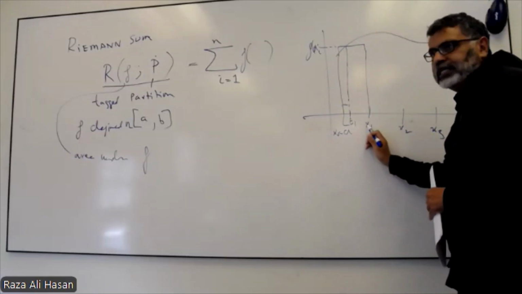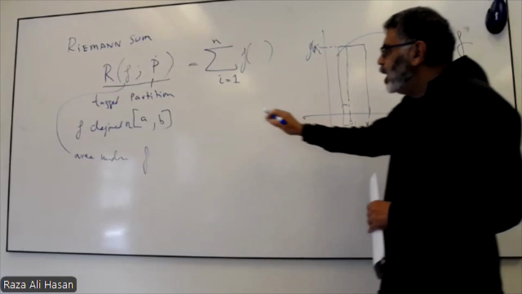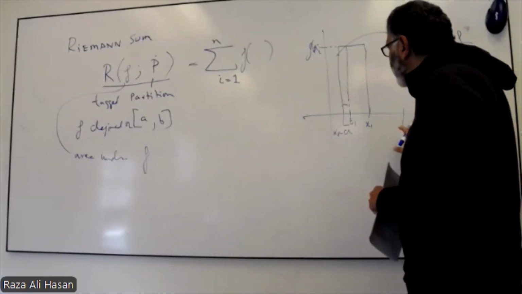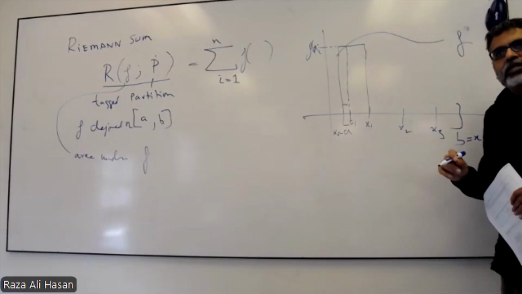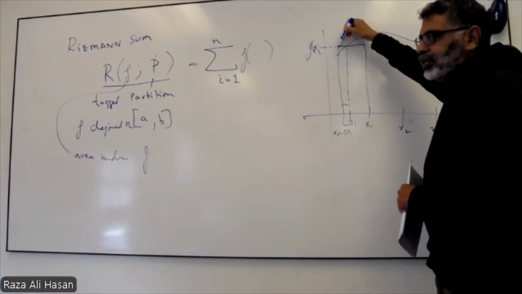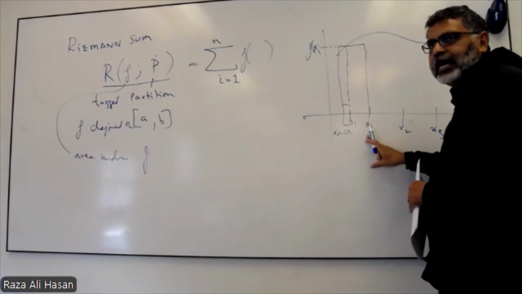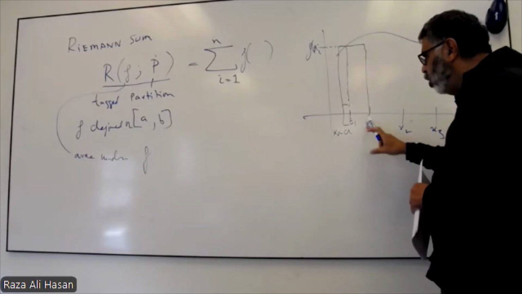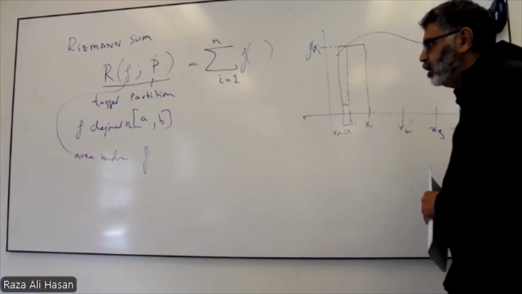So our base is this thing and our height is this thing. Since it's a tagged partition, not just simply a partition, we don't have to worry about, if you've done calculus, you remember, the left endpoint height or the right endpoint height. That would be x1, or this, or any point in between is what the tag represents.